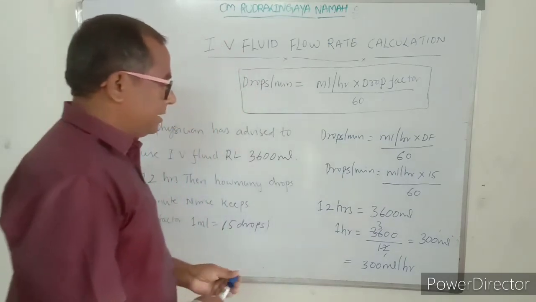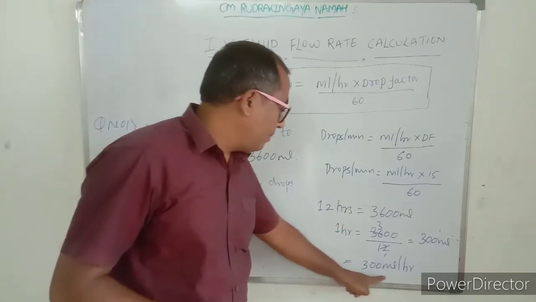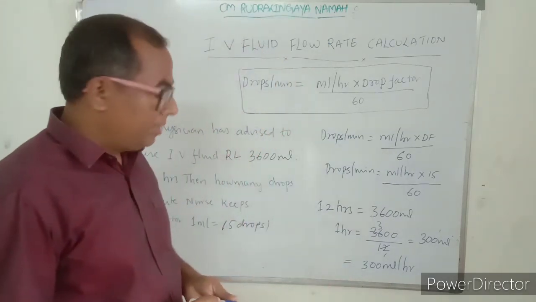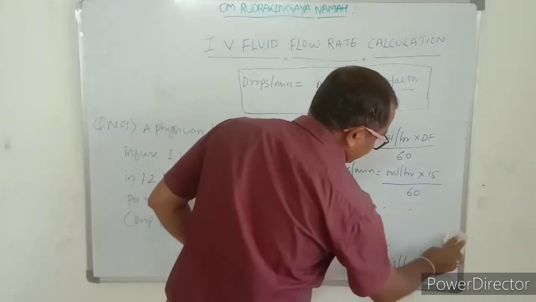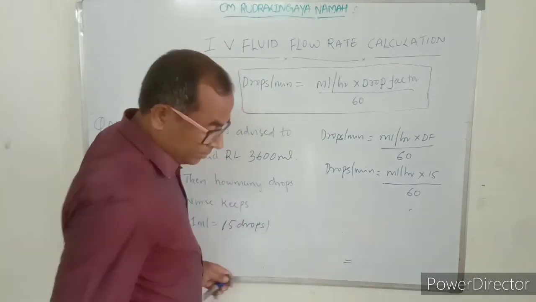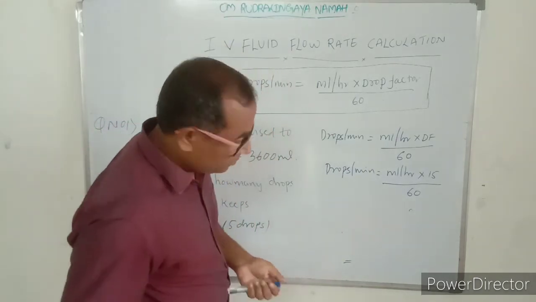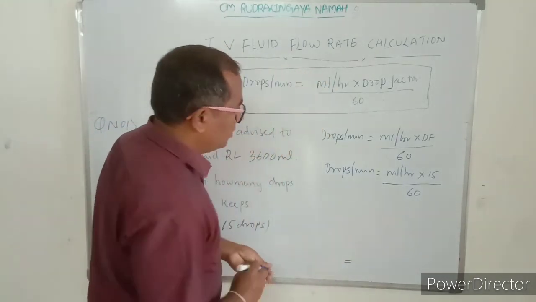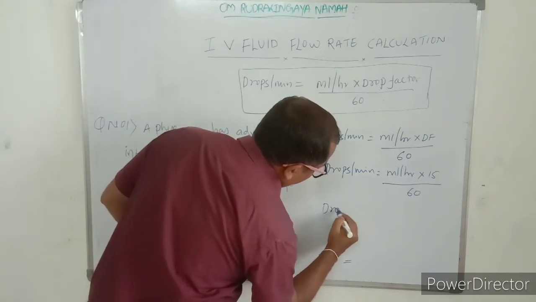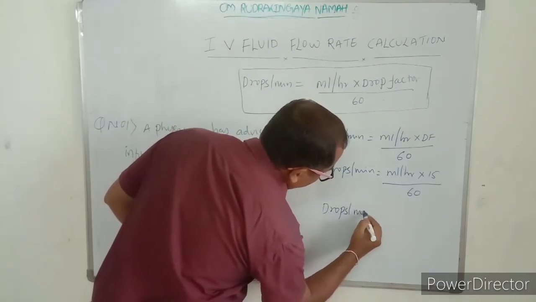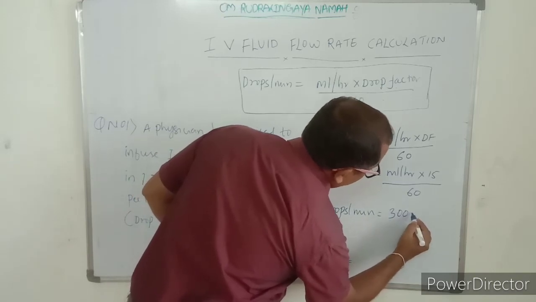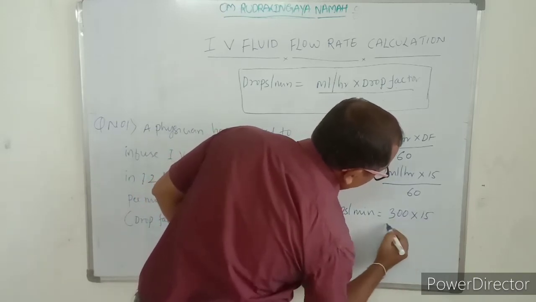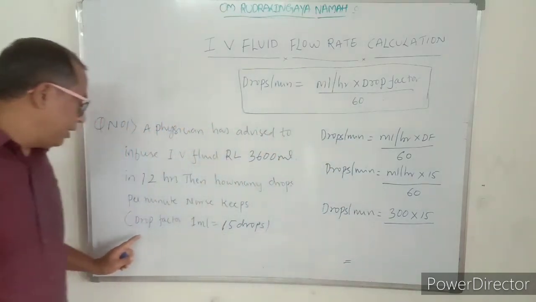So in this case we have now got ml per hour, that is 300 ml per hour. So now add this data into the formula. So drops per minute is equal to ml per hour, which you got as 300 ml per hour, into 15, because here the drop factor is 15 they have mentioned.